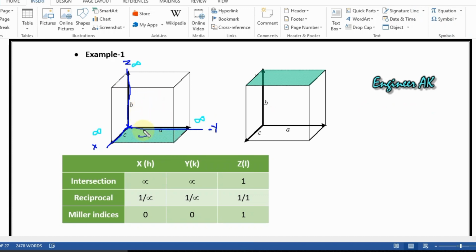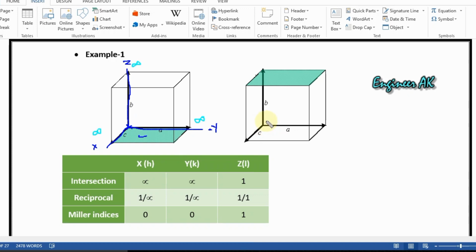This plane and the plane above it are parallel, so if I find the Miller indices of this plane, those will be the Miller indices of the other plane as well. That's why I can shift the plane parallel to itself.